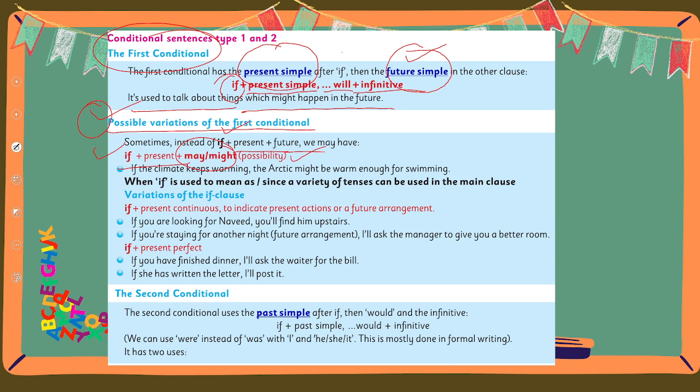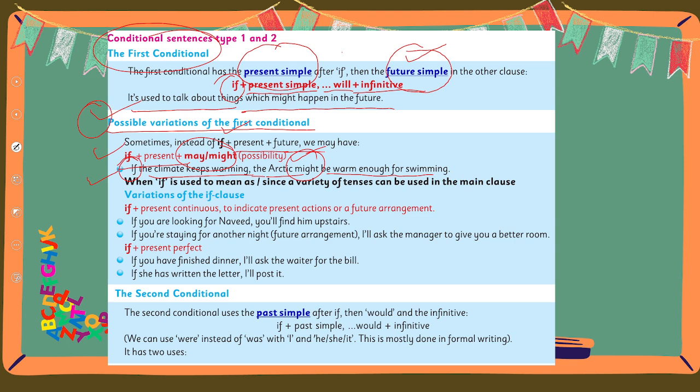For example, "If the climate keeps warming, the Arctic might be warm enough for swimming." "If" is our conditional word, "the climate keeps warming" is present, then you add a future aspect, and this is how you create a possible variation of the first conditional using the present and future.